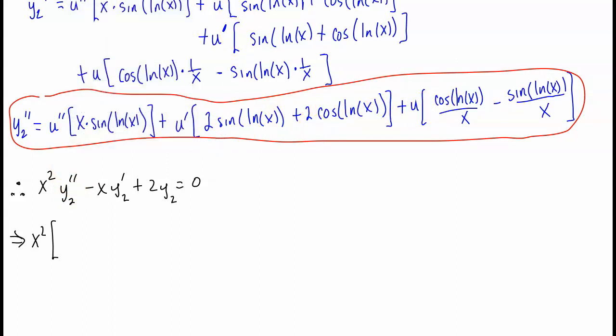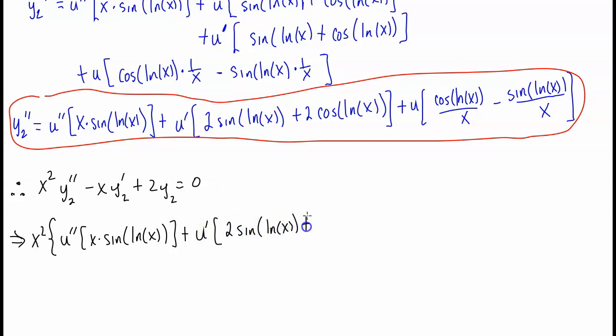And I think I'll do this grouping symbol just to kind of make it different from what I have here. So this will be u double prime times x times sine of natural log of x here, plus u prime, and this is 2 sine of natural log of x plus 2 times cosine natural log of x.